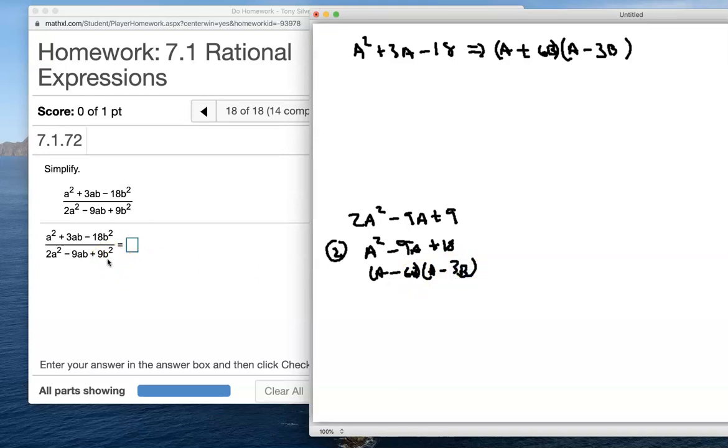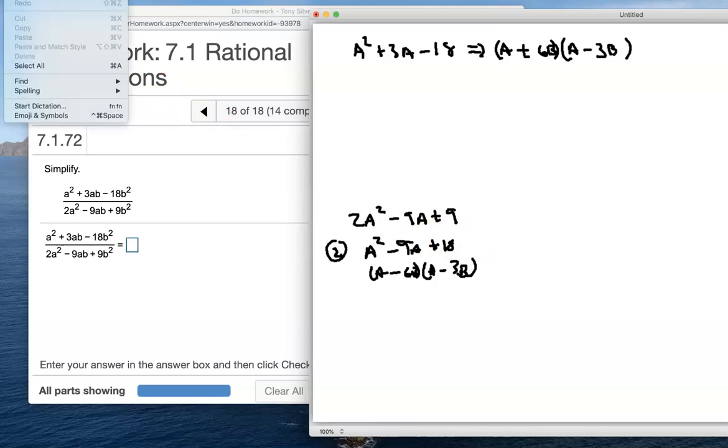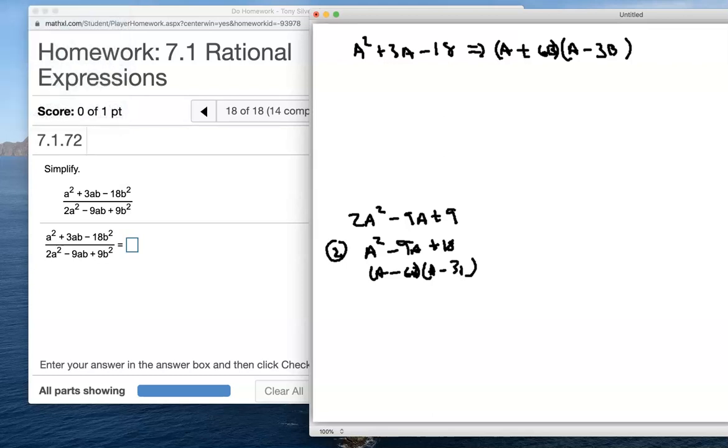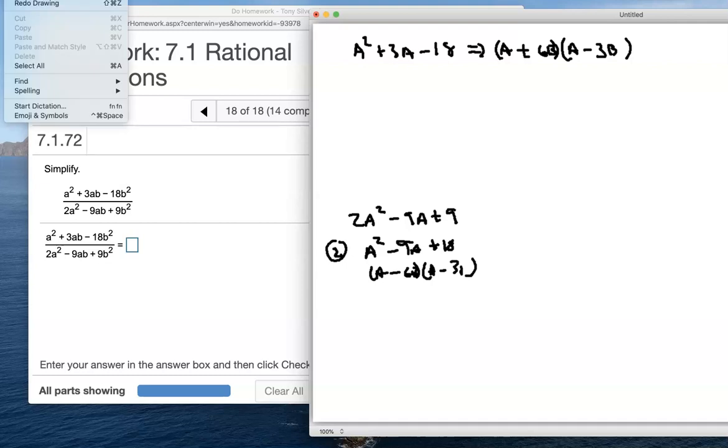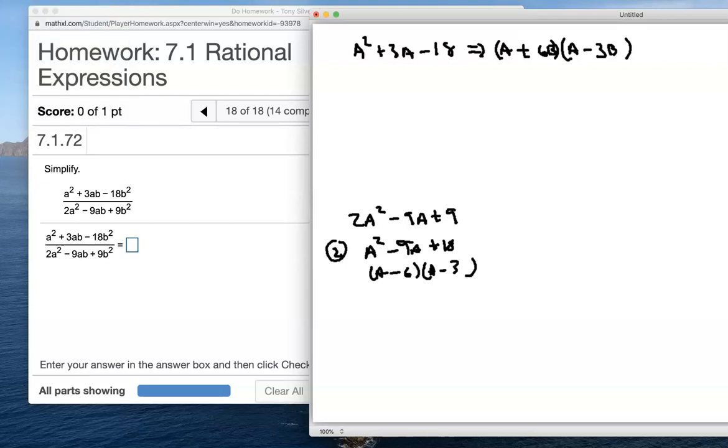Wait a second. Whoa, stop. Let's undo. Everything's cool up to this point. I spoke too quickly. File, edit, undo. Edit, undo, Control Z. Okay, let's get rid of this.